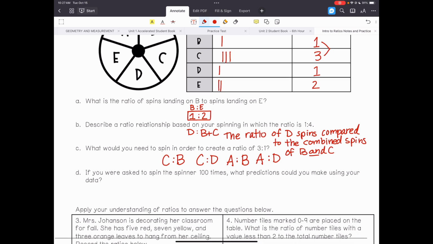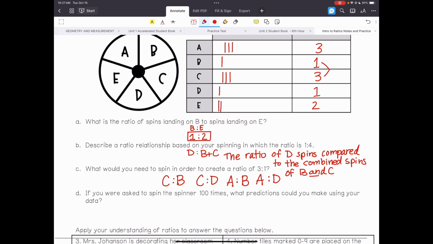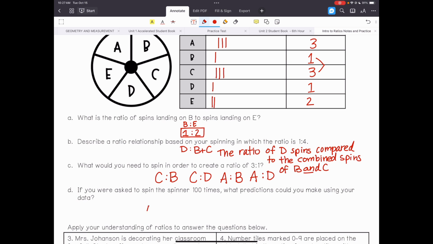If you were asked to spin the spinner 100 times, what predictions could you make using your data? So my predictions, you guys, if we're going from 10 spins to 100 spins, that is a multiplier of 10 times more the spins. So what I could predict is that I would spin all of those letters 10 times more than I did originally.